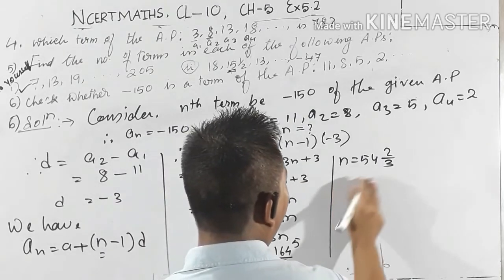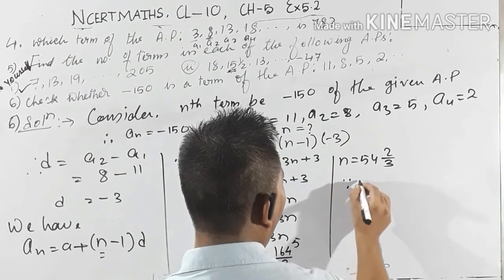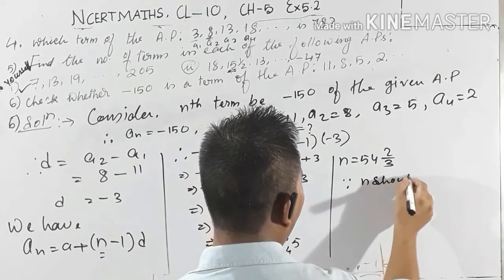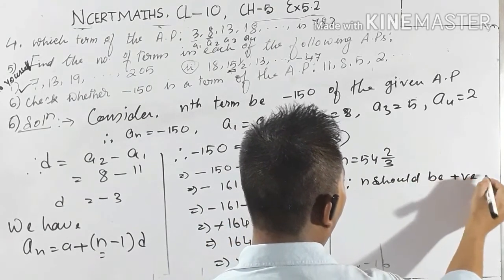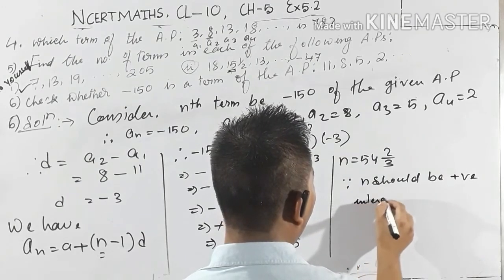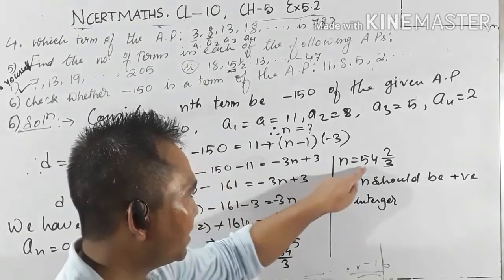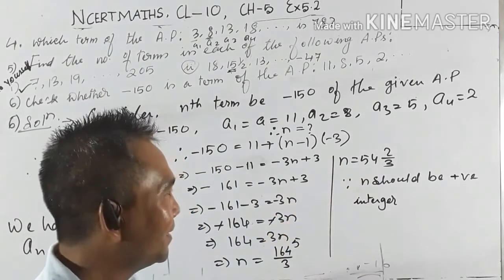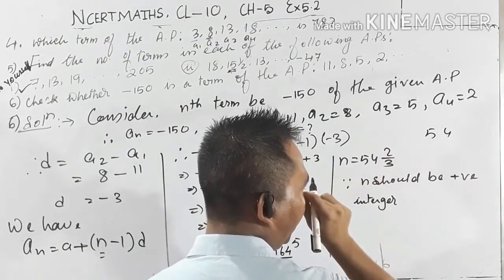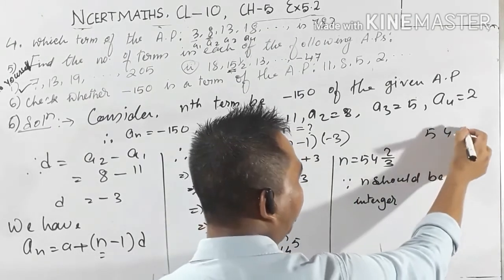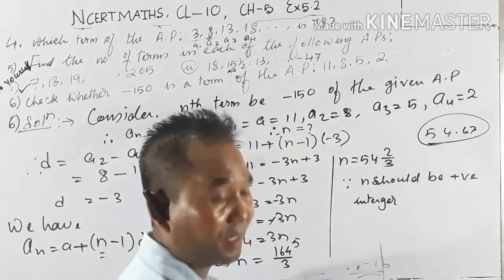Since n should be a positive integer, is it an integer? No, it is not an integer. It will be 54.67, so it is not an integer.